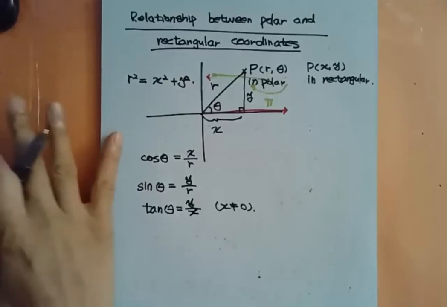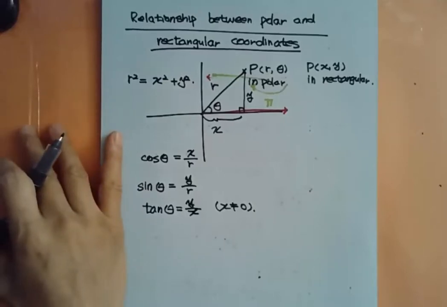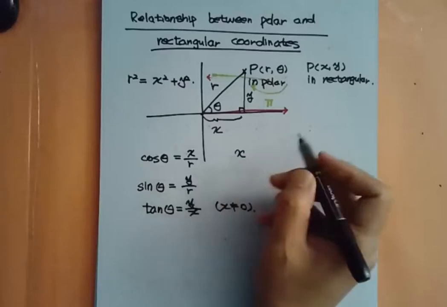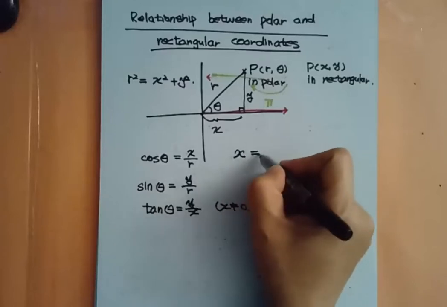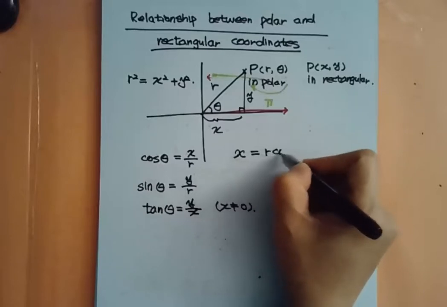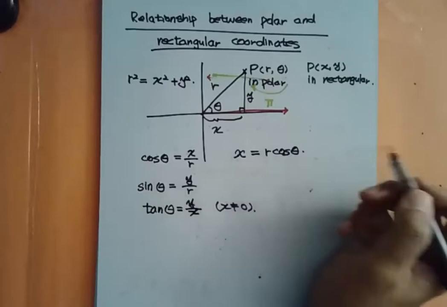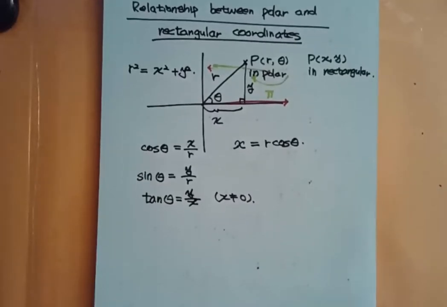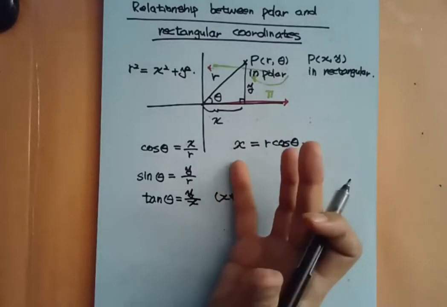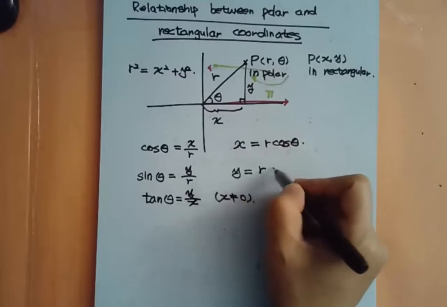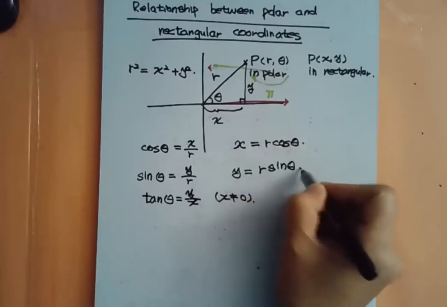So from this definition, we can re-express the rectangular coordinates: x equals r times cosine of theta. So if we know the polar coordinate, then the x coordinate can be calculated by using this formula, and y equals r times sine of theta.